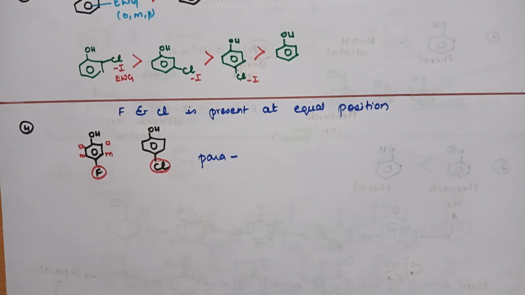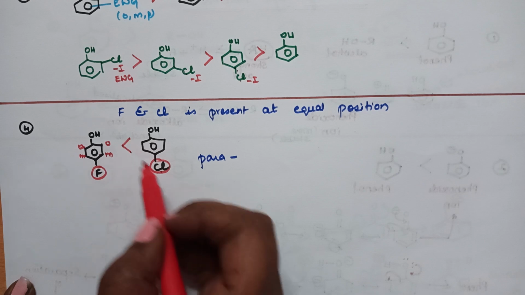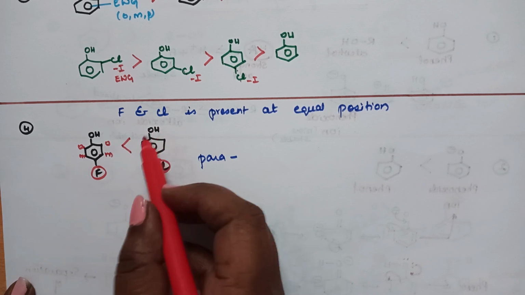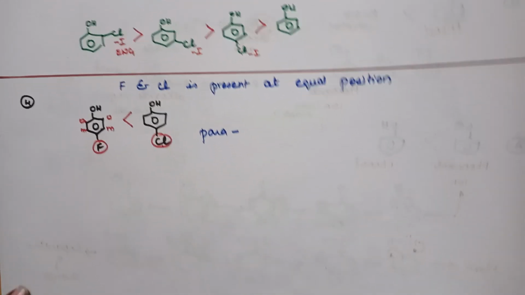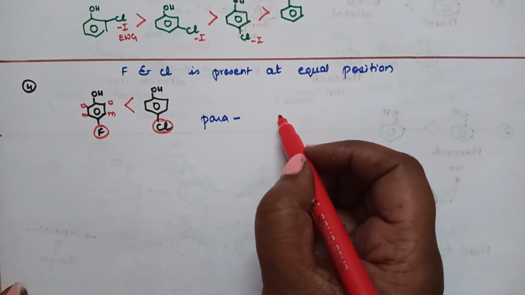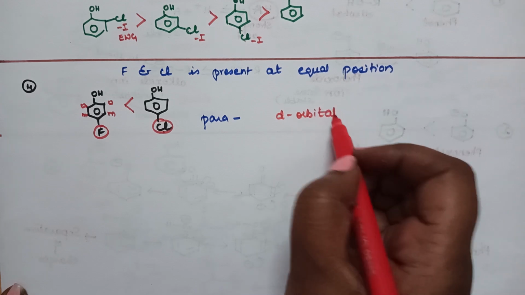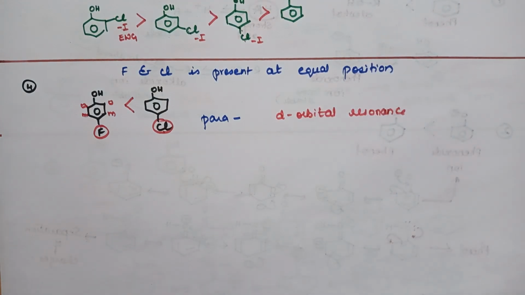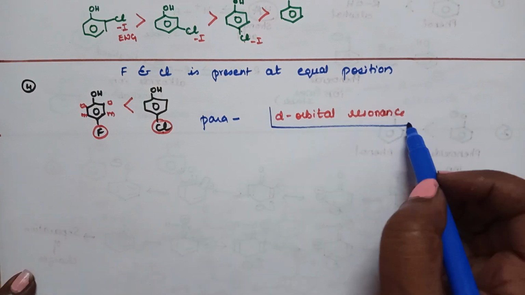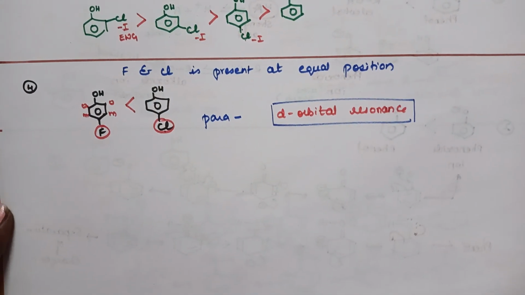So if they are present at equal position, then always chloro will be more acidic. So here this will be more acidic when compared to this. So what is the reason for this? The reason for this is because of d orbital resonance. So what is that d orbital resonance?